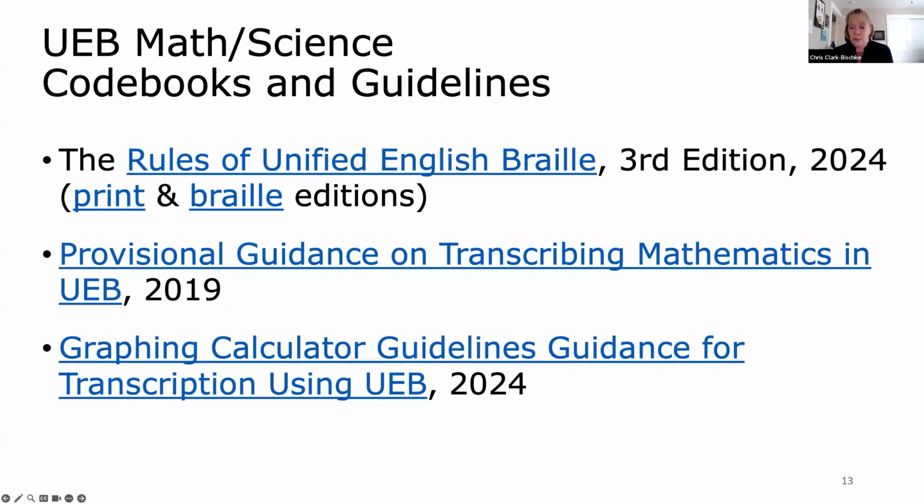So first and foremost, we want to make sure that everyone is aware of the key UEB Math and Science codes, codebooks, and guidelines. Hopefully everyone is aware by now of the rules of Unified English Braille, the codebook that can be found on the International Council on English Braille website.